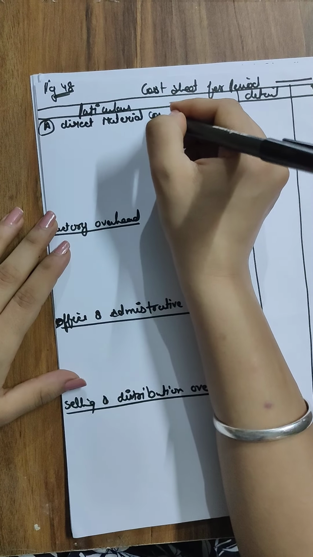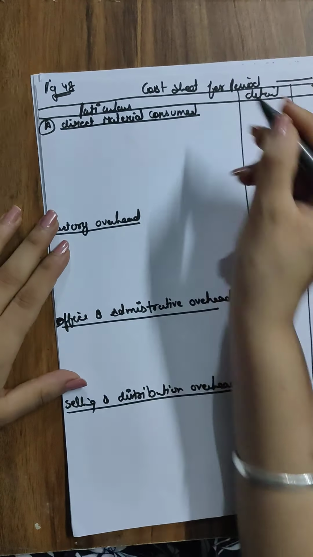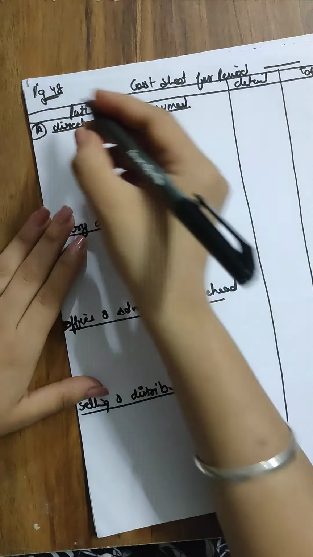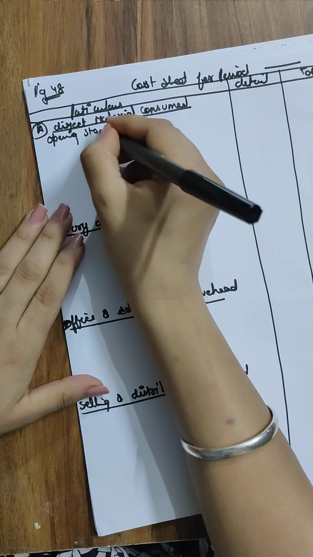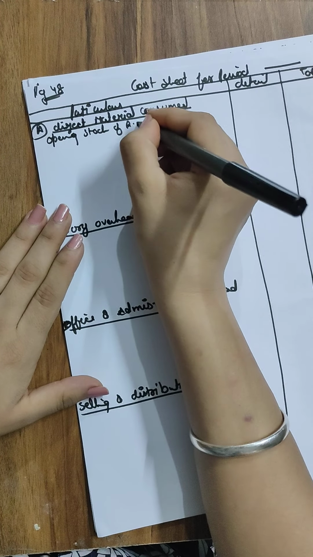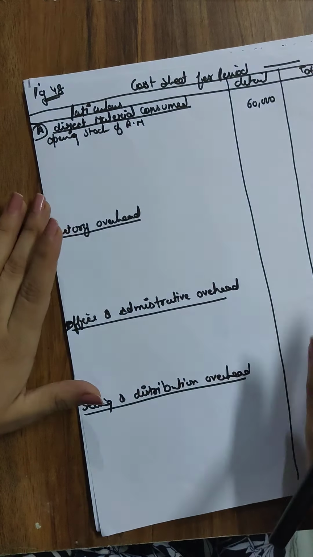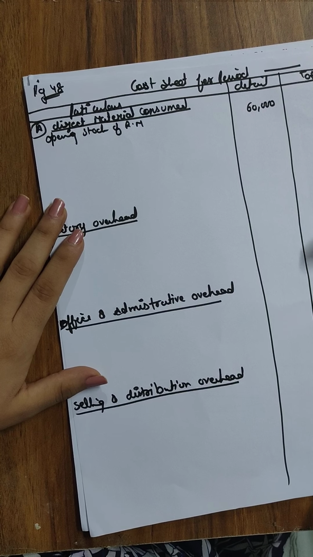So I have to compute the direct material consumed in this case. I am given the cost of raw material, that is opening and also closing. First of all, opening stock of raw material which is given to me as 60,000. I am going to write it over here. Next thing related to it is the closing stock.